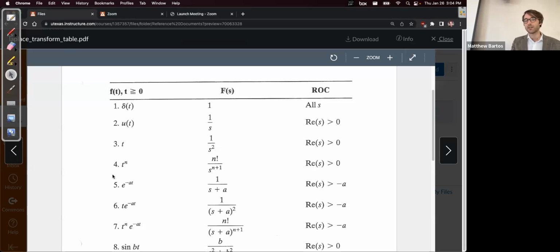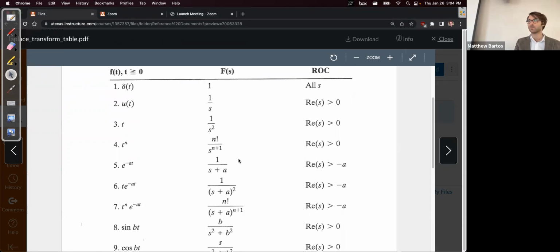Does it look like any of our terms here in our Laplace transform table? This one, right? 5? Oh, sorry, I thought that was a 4. So a function of the form 1 over (s plus a), where a is some constant, will correspond to a function of the form e to the negative a t, right?